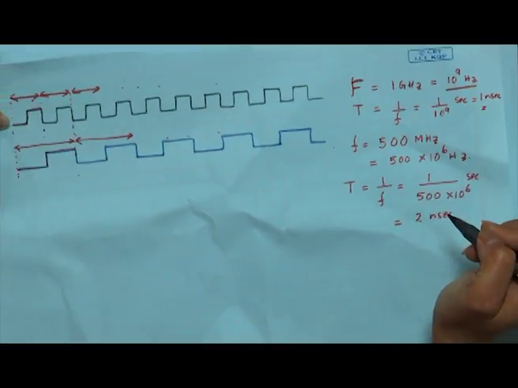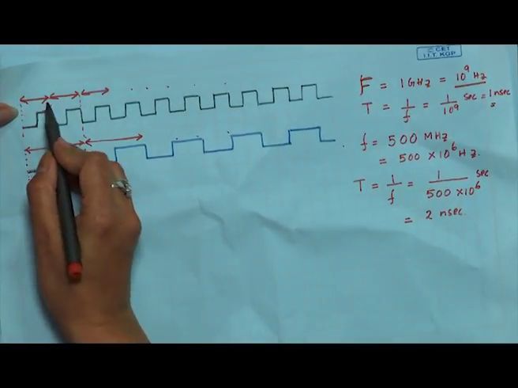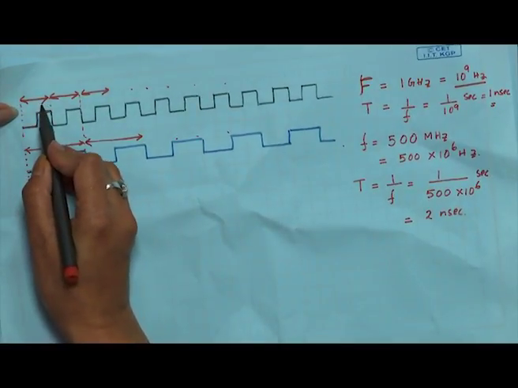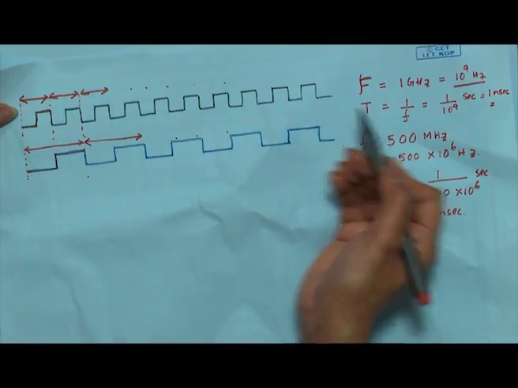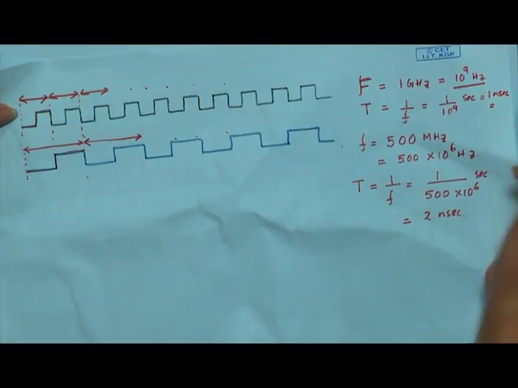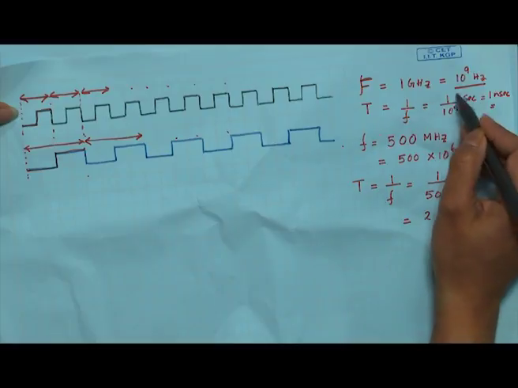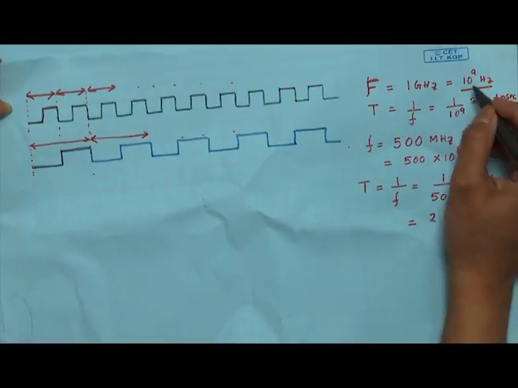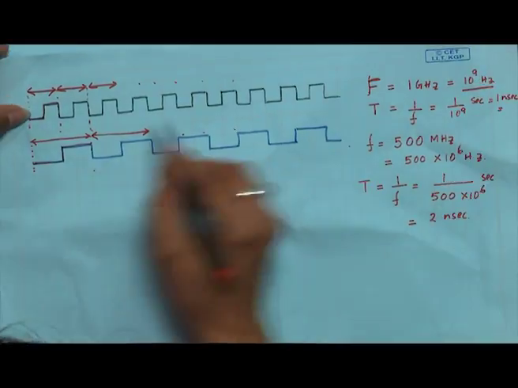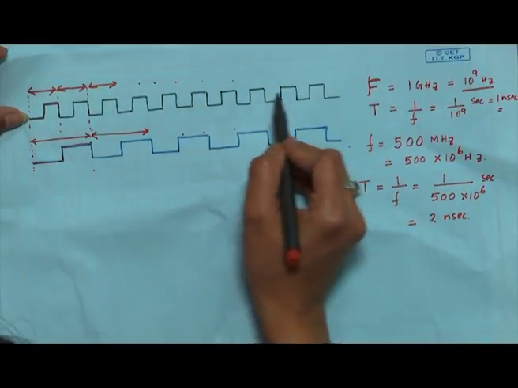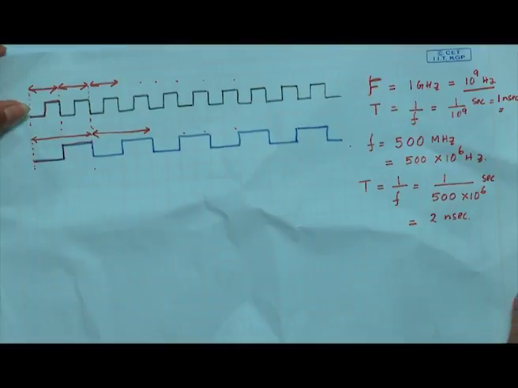So, this period is 1 nanosecond, and in 1 second the clock is going how many times? Total is 10 to the power 9 times. So, the clock is on and off that many times.